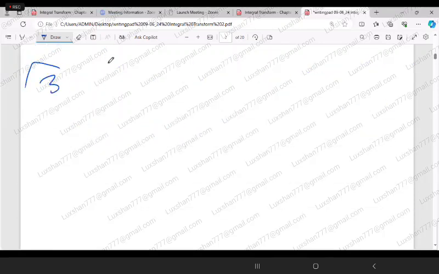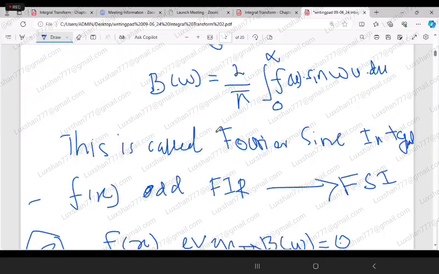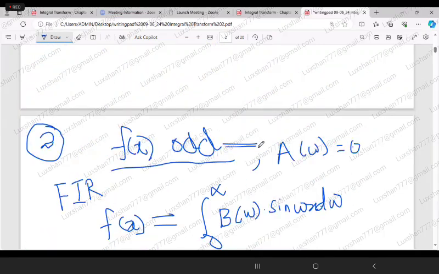Third thing, if f(x) is even, then b(ω) becomes 0. If f(x) is odd, then a(ω) becomes 0.